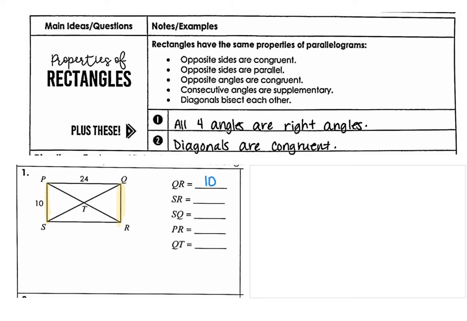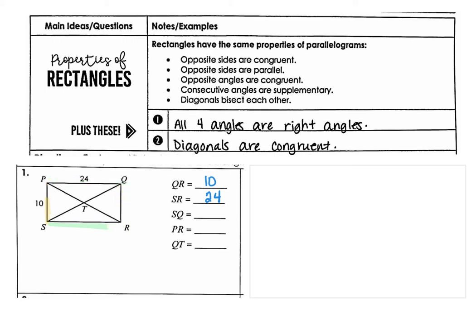SR. Once again, we have SR, and it is directly opposite of PQ, which they gave us. So without any calculations, we know that that one is 24. Now they want SQ. All right, so SQ is a little bit different.